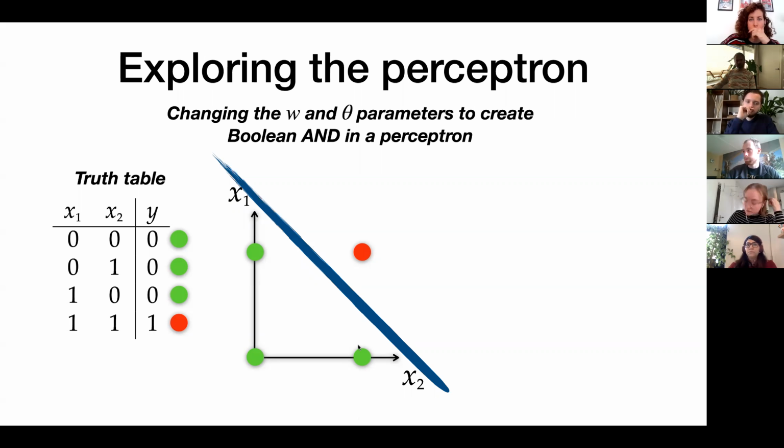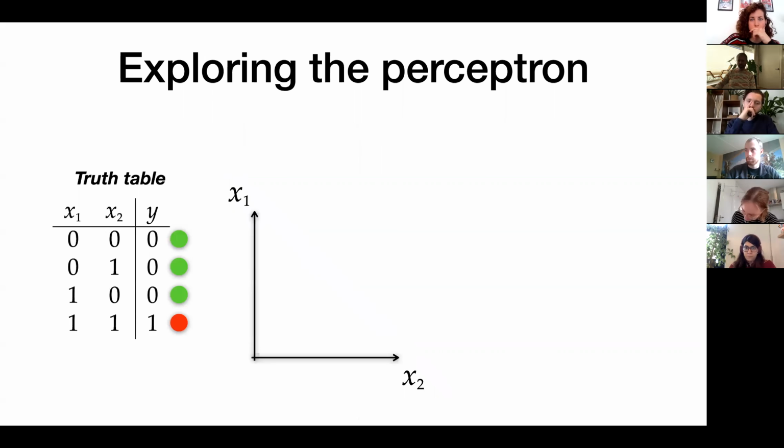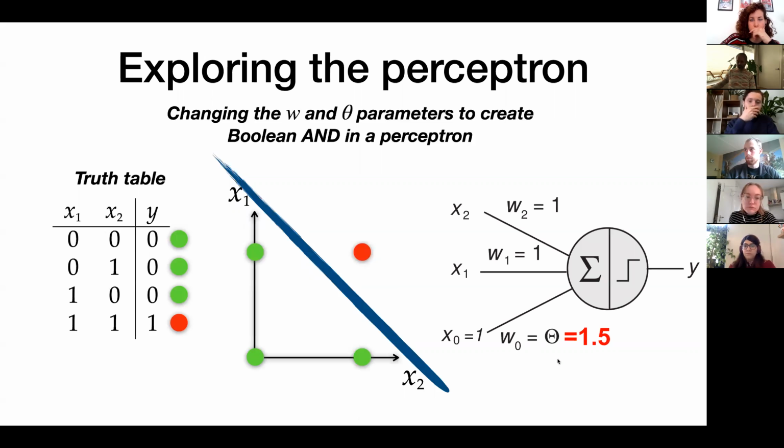And if we look at what we had to do with the weights to get here, it was actually very simple. By changing just W0, making it 1.5, we shifted this decision boundary up and thereby excluded these points as bases for running.